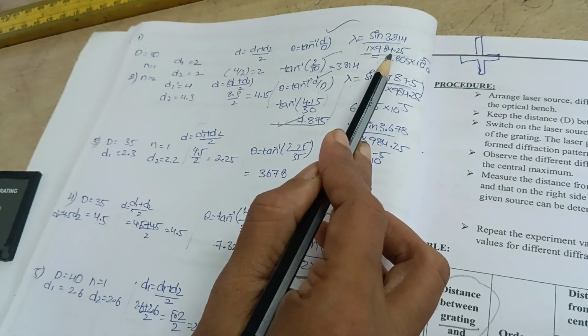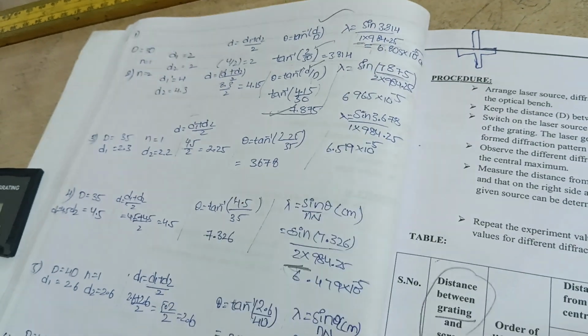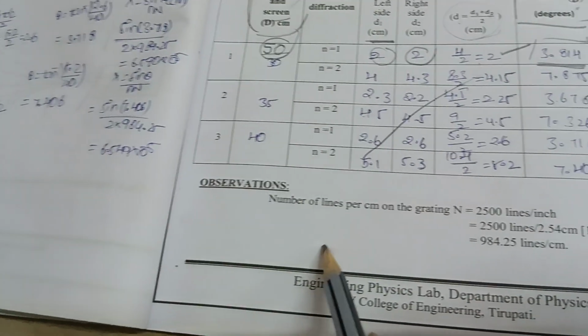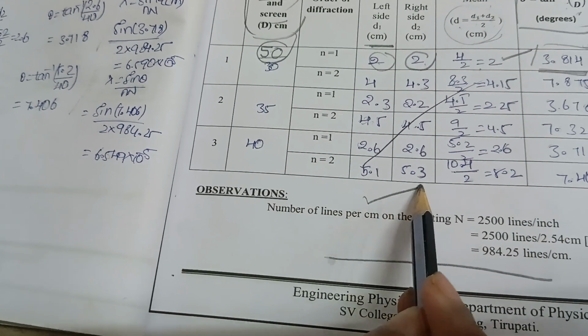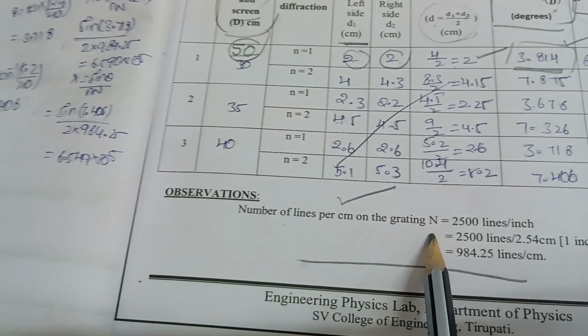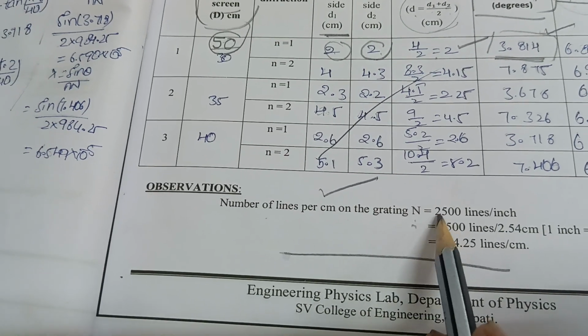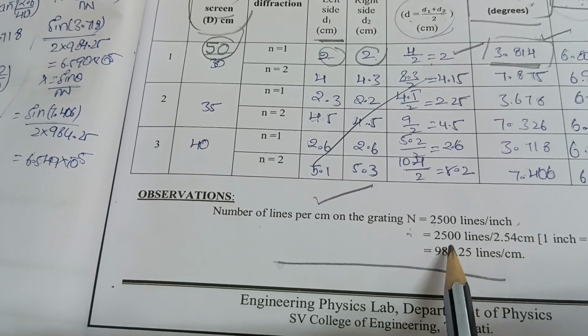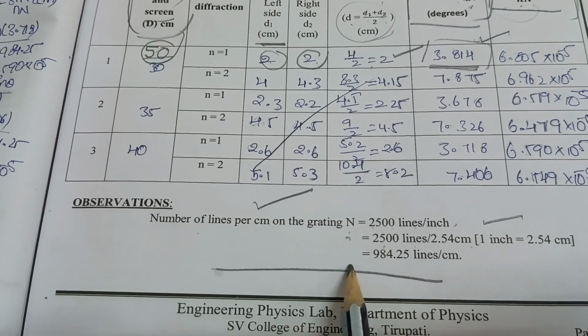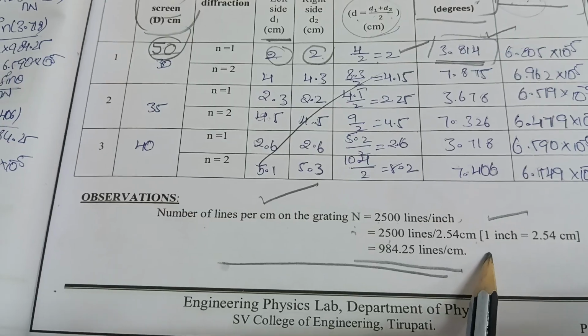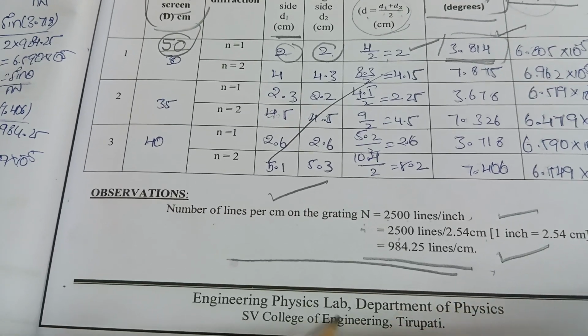And the capital N value, I have already told you, is the number of lines per centimeter on the grating. So N equals 2500 lines per inch, that is 2500 divided by 2.54 centimeters. So that capital N value is 984.25 lines per centimeter.